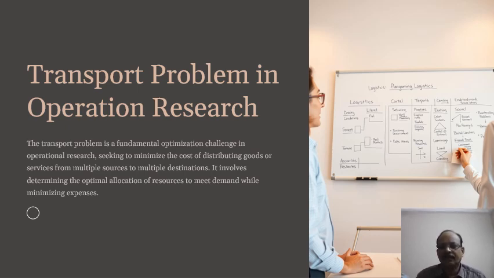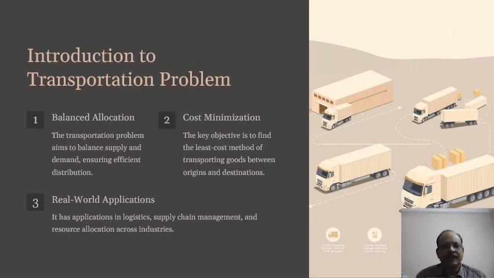Now, in transportation problems there may be balanced or unbalanced allocations. Balanced or unbalanced depends only on supply and demand: the total supply from various origins must be equal to the total demand from various destinations.